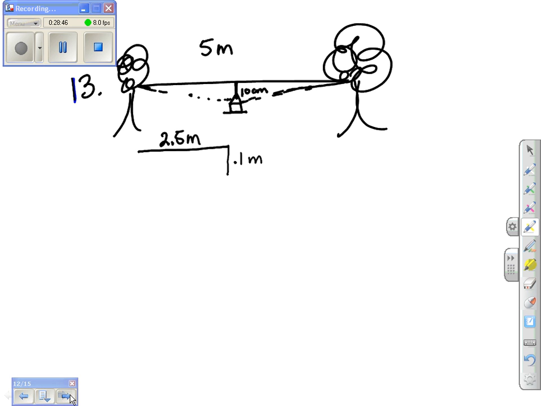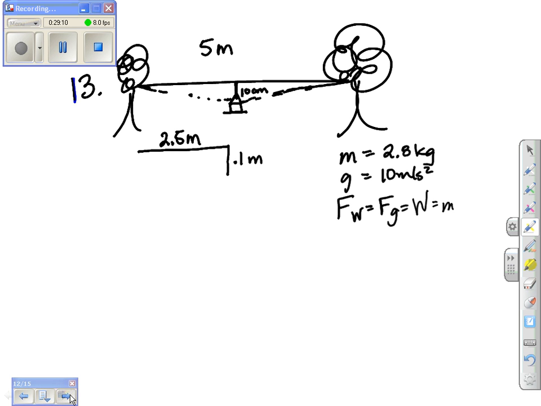Then I'm also going to say that there's a mass of 2.8 kilograms and the gravity is 10 meters per second squared for this problem. So I could say that my weight force, or my gravitational force, or just my weight, your mg, would equal 28 newtons because I'm going to multiply it together. So that's going to be the downwards force.